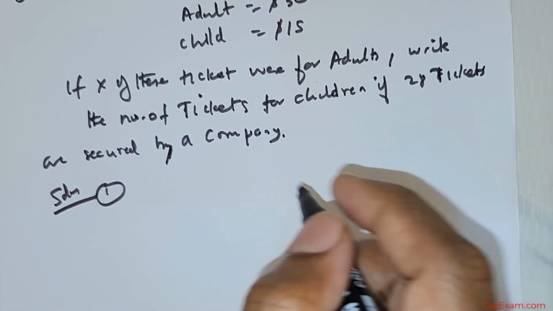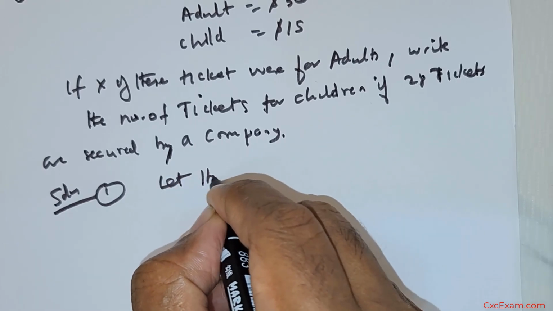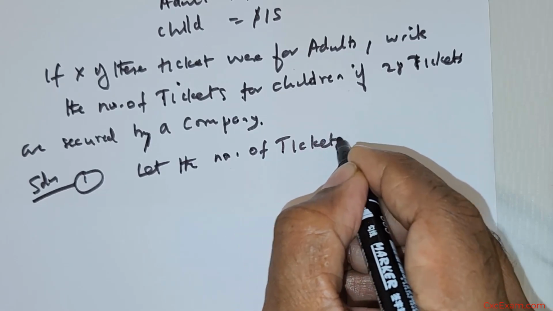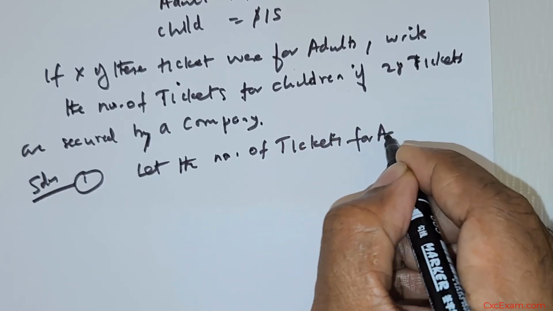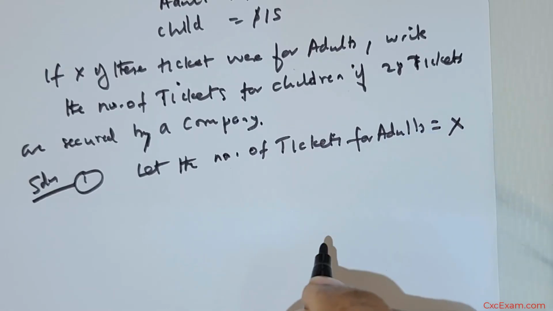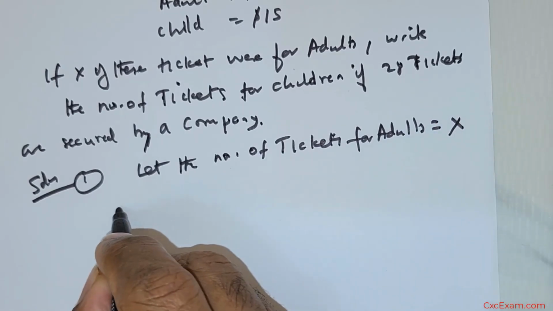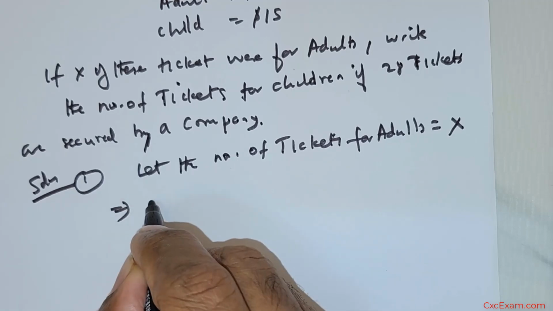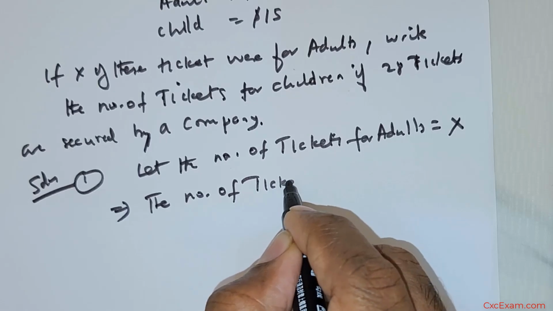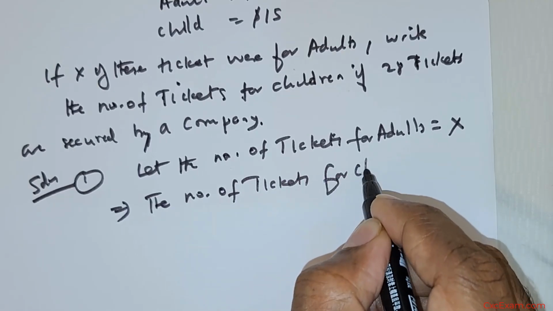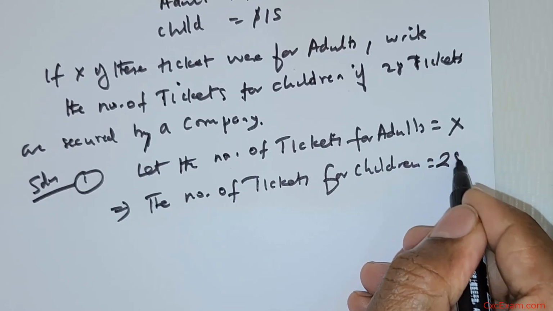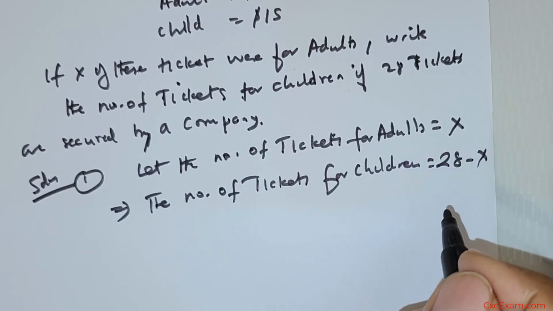Solution: let the number of tickets for adults be equal to X. So this means the number of tickets for children will be, now from 28 you have to take away X. Why?